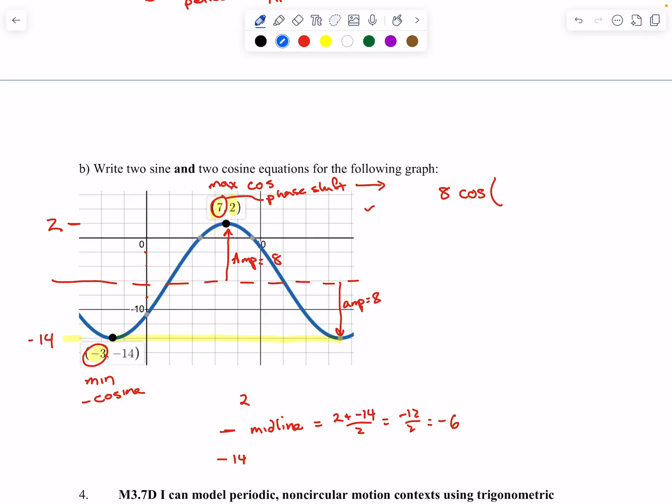Let me write it that way. So that's from -3 to 7. So the period is 10. Oh, sorry, 20.